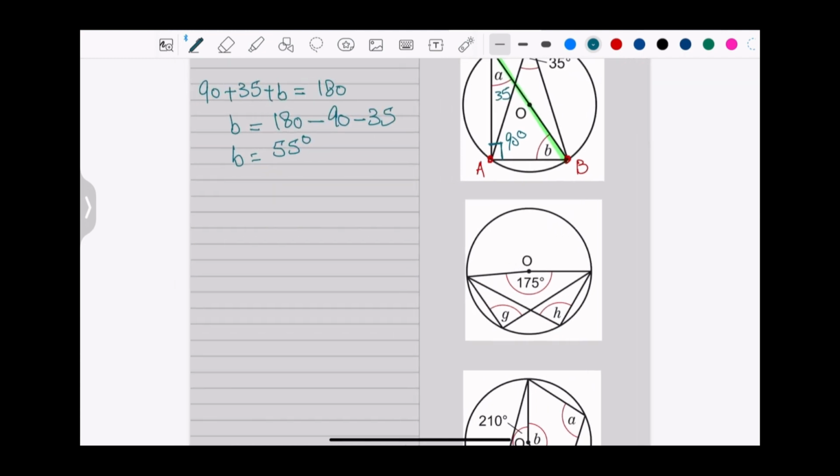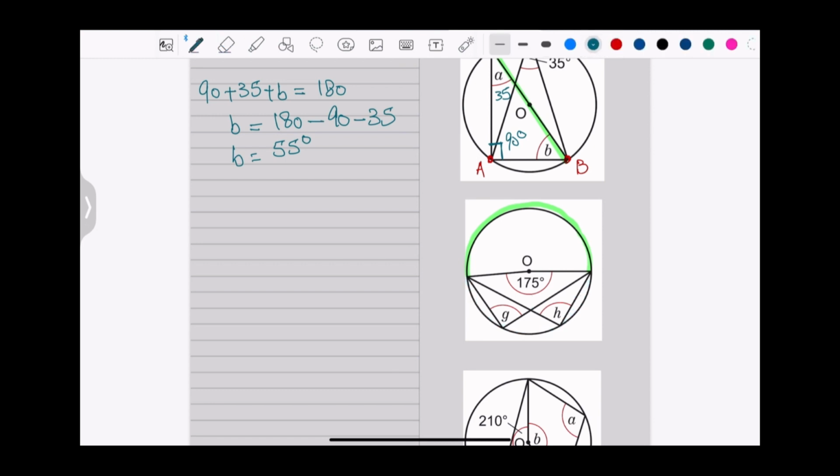Now let's look at this one. As you can see, angle G and angle H are facing this arc, but angle 175 is facing the other arc, in this direction, so we don't need that.